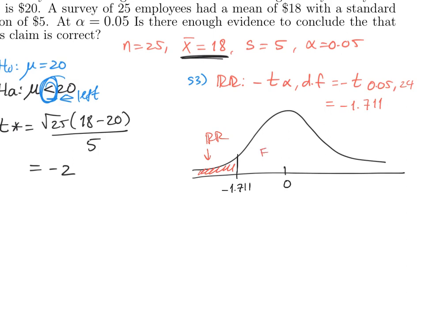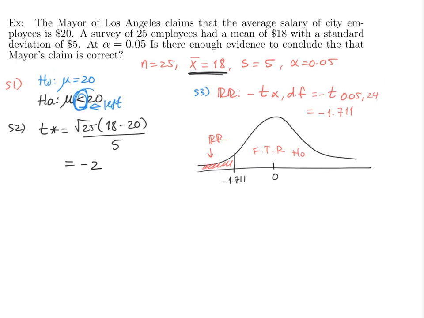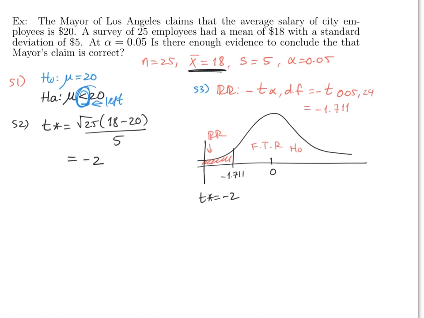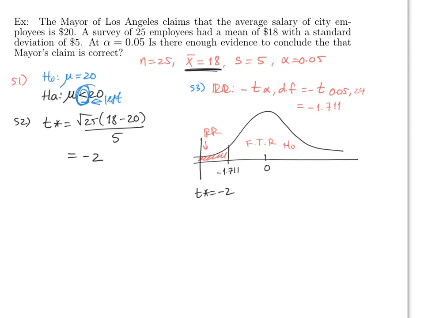And this is the fail to reject H0. All right, so same thing: is t star in the rejection region or in the fail to reject? So t star is what? Negative 2.